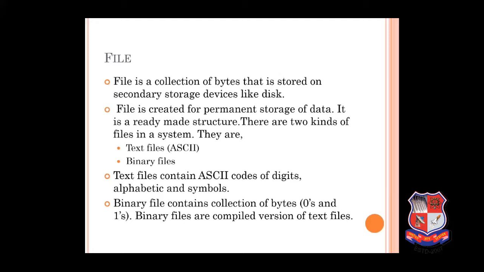We all know that binary stands for zeros and ones, so binary files will be zeros and ones, but this file will be the compiled form of text files. When we are writing or creating a text file, it will always be converted into binary file so that computer can understand it.